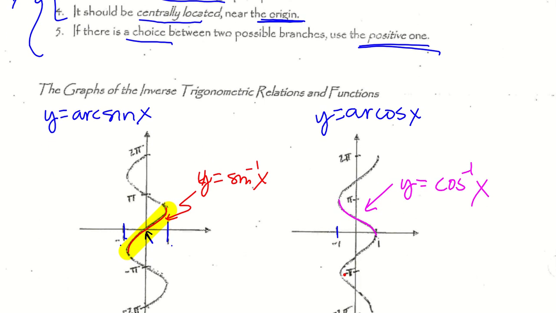So my inverse sine function stretched from this location to this location. Well, if this is at pi, then this must be at pi over 2, and this goes an equal distance below, so that must be at negative pi over 2. So for my inverse sine function, it has a range from negative pi over 2 to pi over 2.